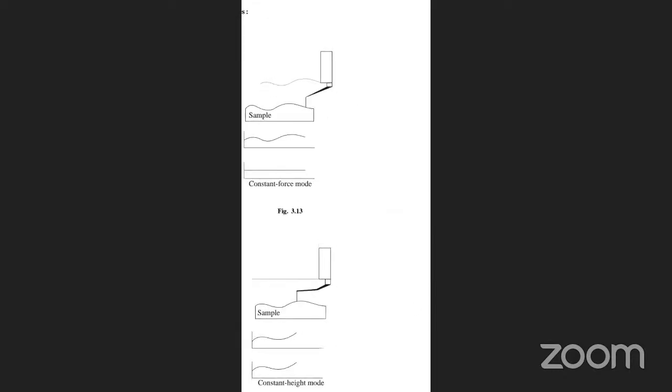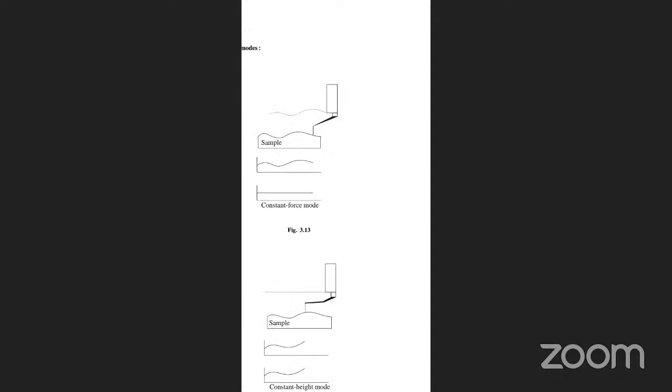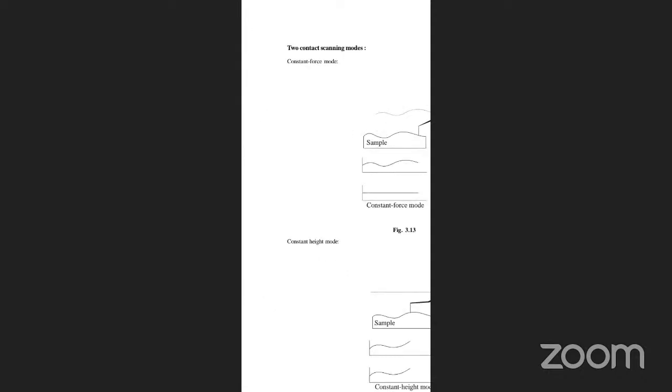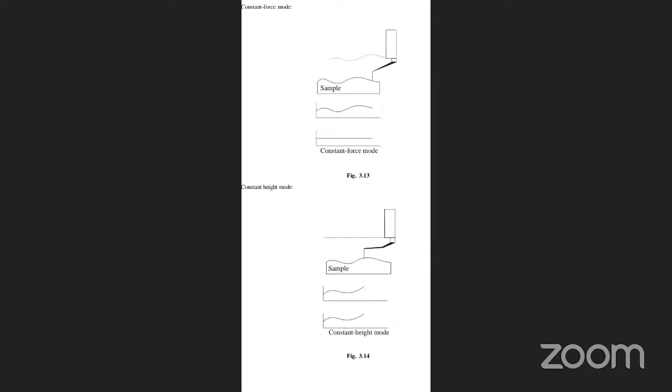There are two contact scanning modes, constant force and constant height mode. Constant force mode is this one, and constant height mode is this one. Next, the differences and advantages.